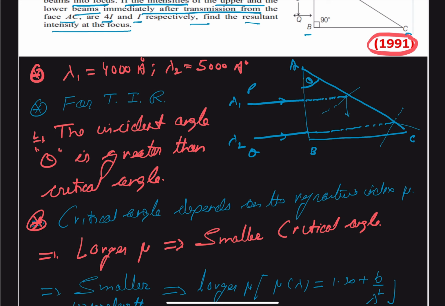So this angle is theta, so we are going to have theta as well as theta. In this case, theta is equal to i, the incident angle, and this will be our angle of refraction, and we can also find out here the deviation, that this will be our angle of deviation, that is delta, which we are going to find out.